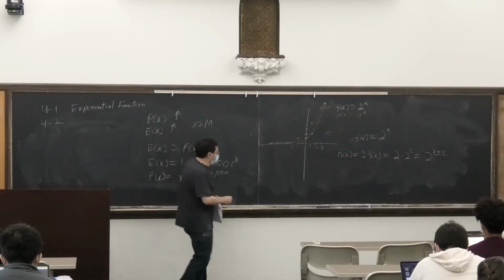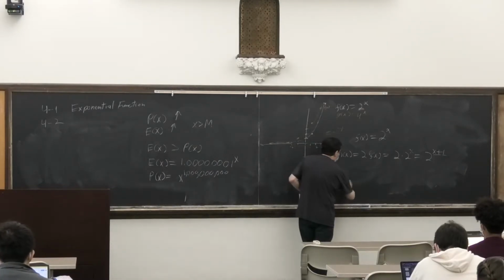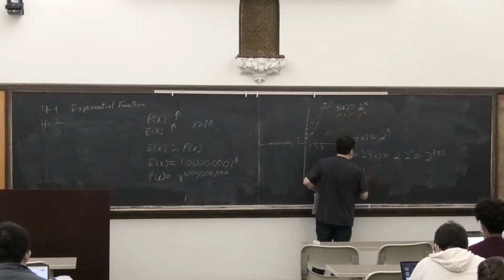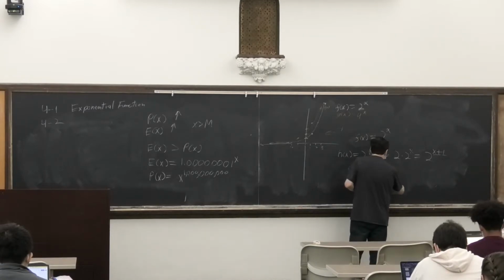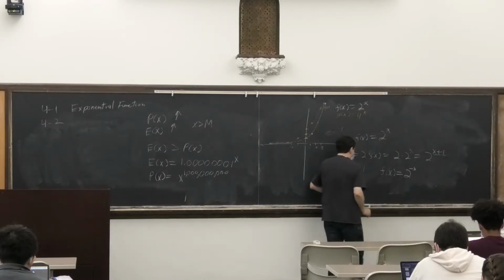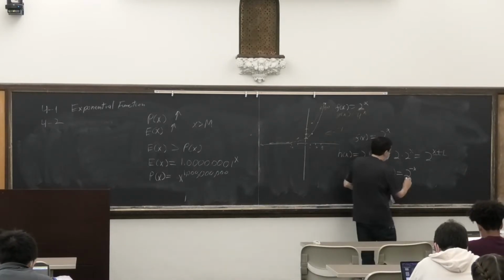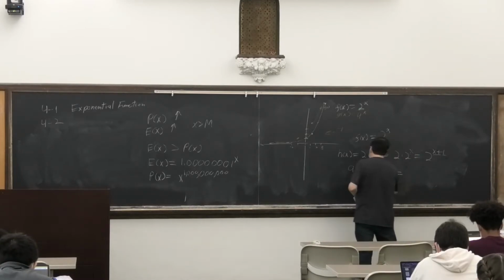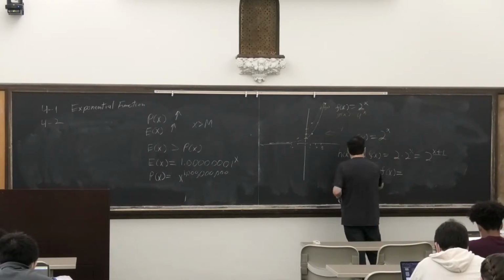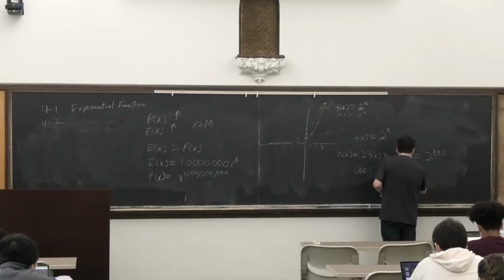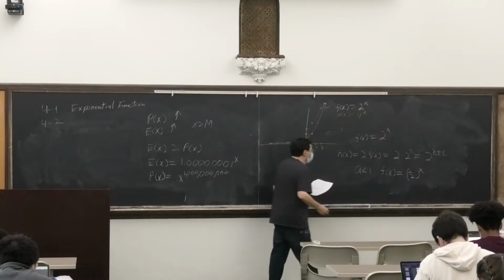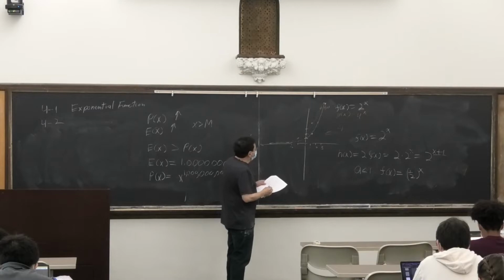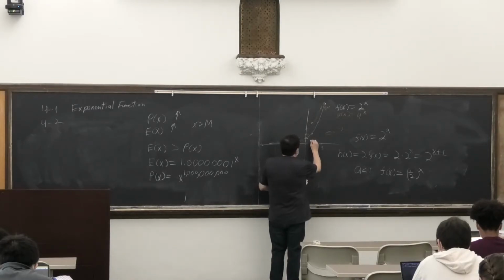All right, now I mentioned functions where a is less than 1. So let's take a look at one of those. Let's just look at f of x equals, that's not right. I want a less than 1, that would be 1/2 to the x. All right, so at 1, it's 1/2.